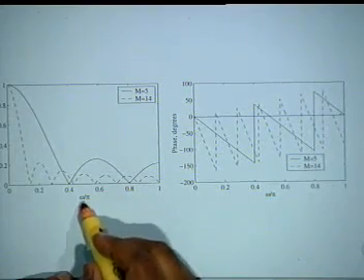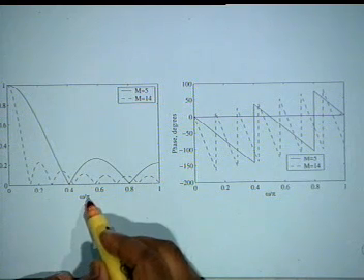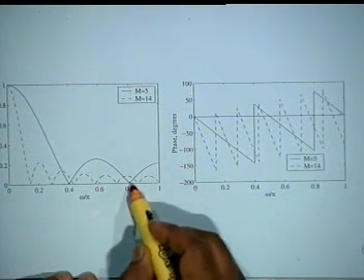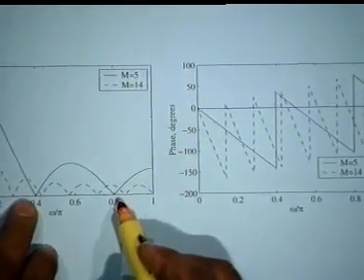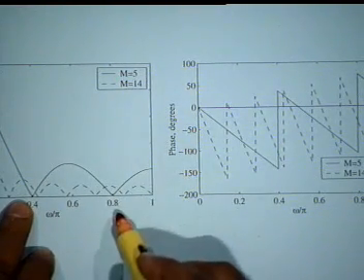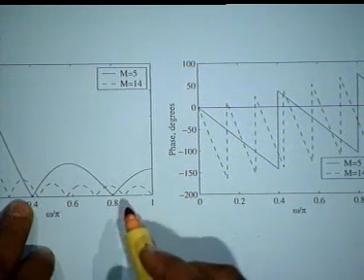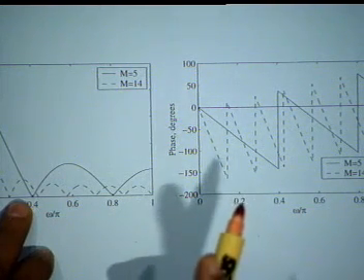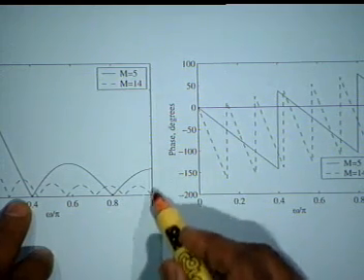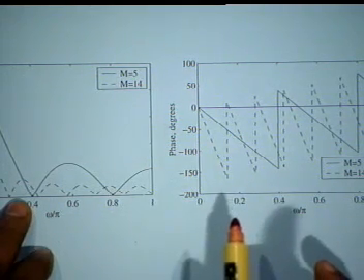The axis here, x axis, is omega by pi. So it occurs at 0.4. The next one shall occur at 0.8. There are only two transitions here, because 5 by 2 is 2.5 and the integer closest to it is 2. The next one is pi at 1. There is no more transition.